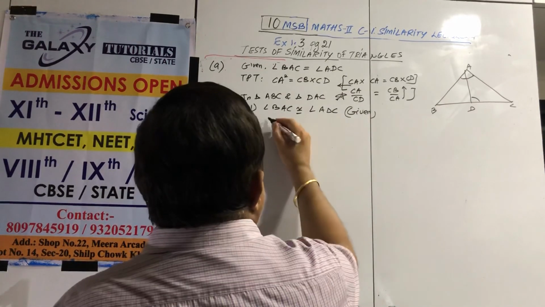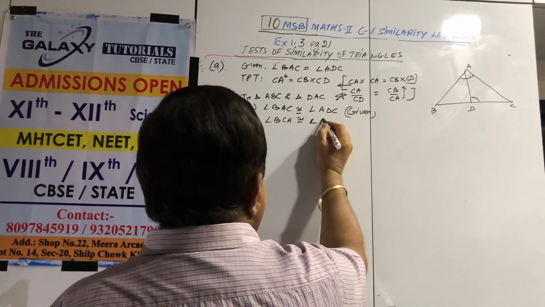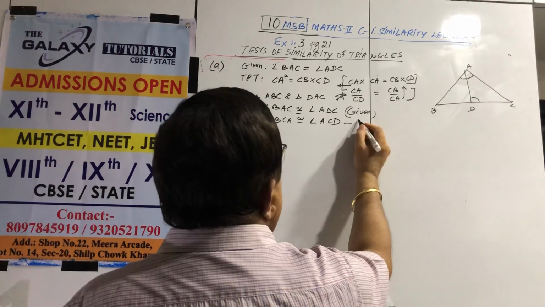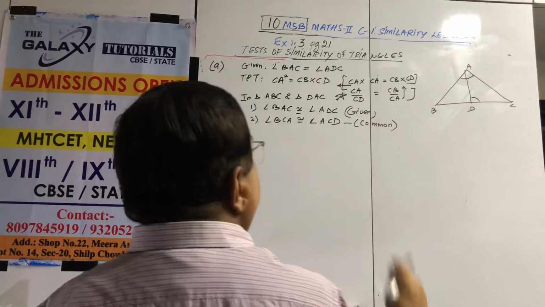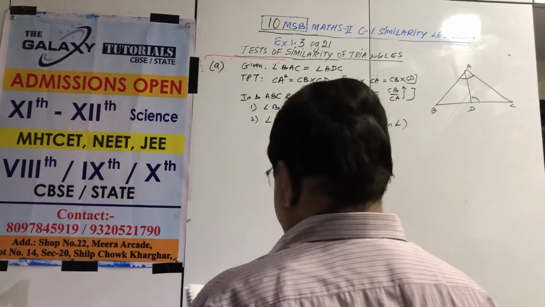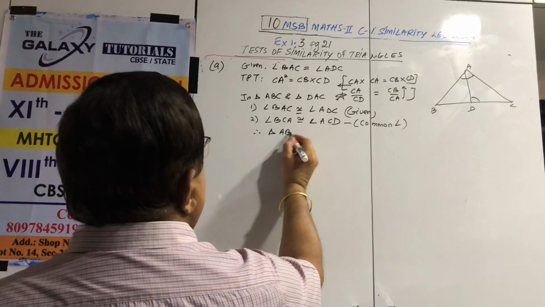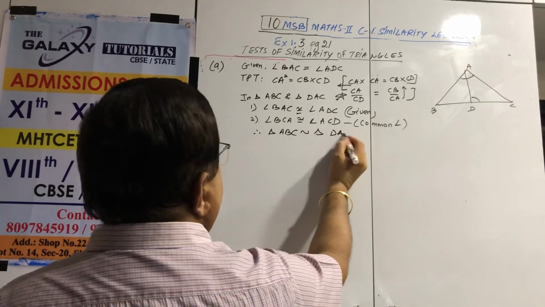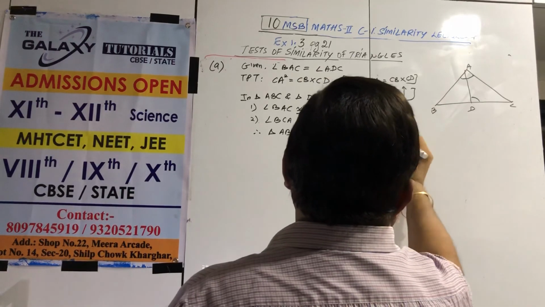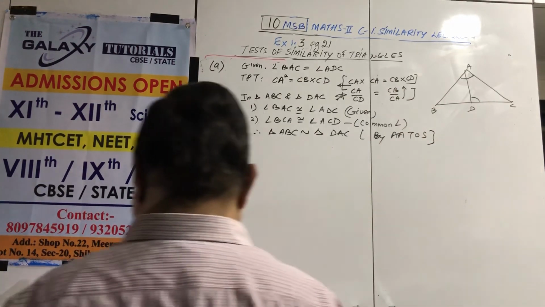Second, angle BCA is congruent to angle ACD, common angle. C is common to both. Therefore, triangle ABC is similar to triangle DAC by AA test of similarity of triangles.